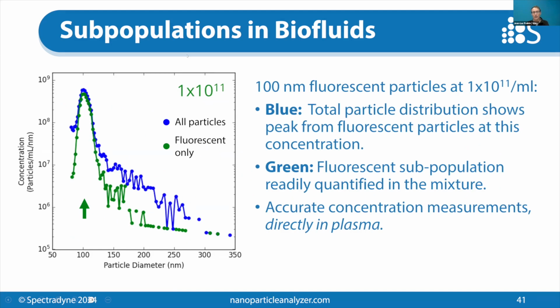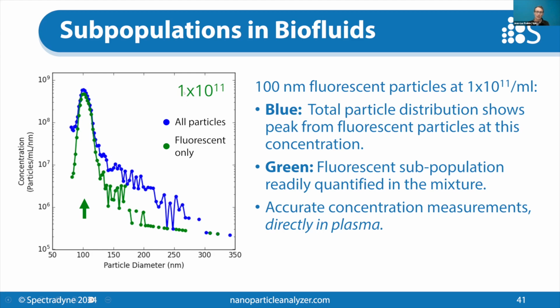What I'm showing you here now is the particle concentration on the y-axis versus size on the x-axis for the mixture for two different populations. In blue is showing the distribution of all the particles in the sample, fluorescent or not. And in green is the particle size distribution of just the fluorescent ones. Okay.